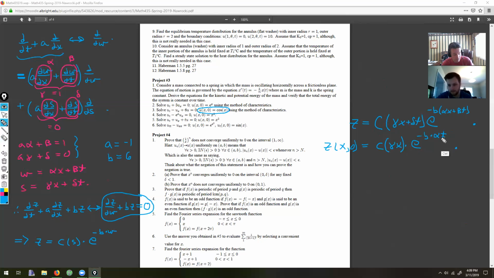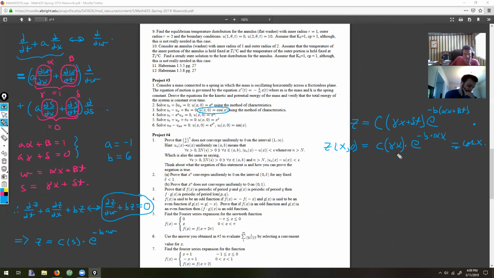Yes, alpha X. And what's this supposed to equal? Cosine X. Now, we need to figure out what the function C is.